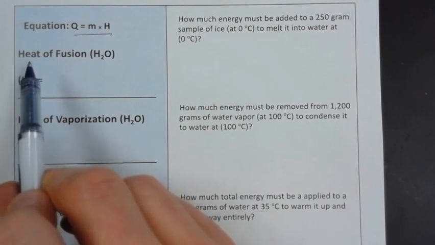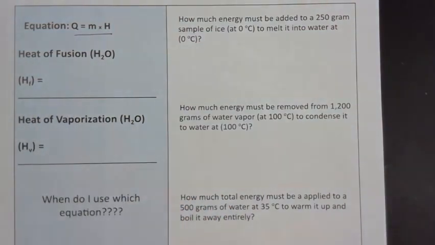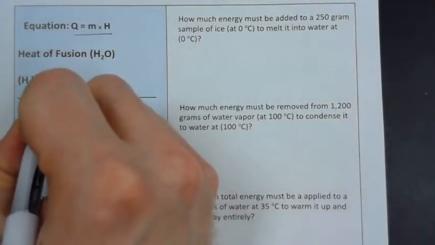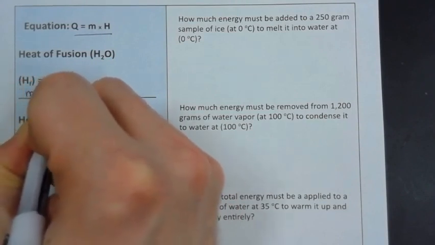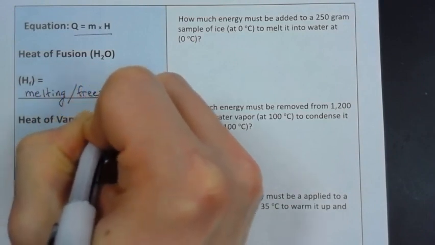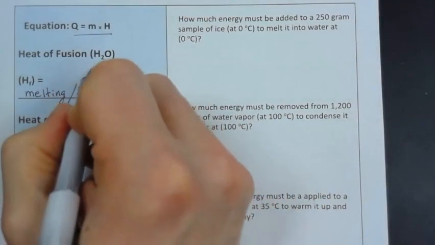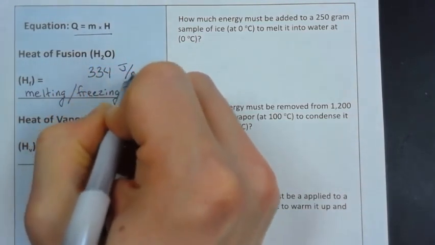So we've got here the heat of fusion of water and the heat of vaporization of water, right? So heat of fusion is specifically referring to the point at which water is either melting or freezing, and the value associated with that is 334 joules per gram.